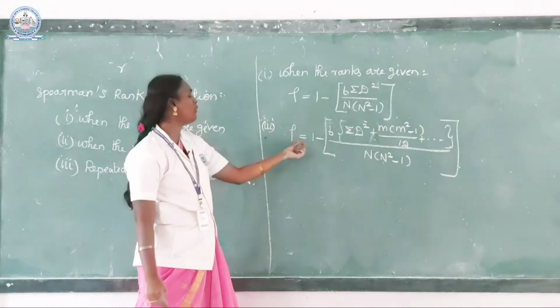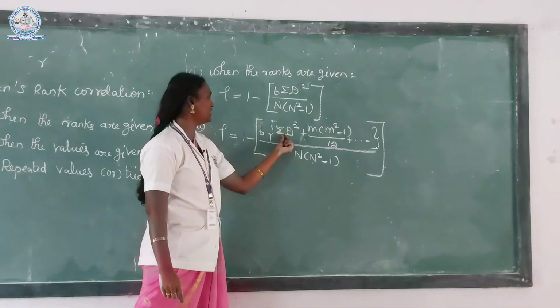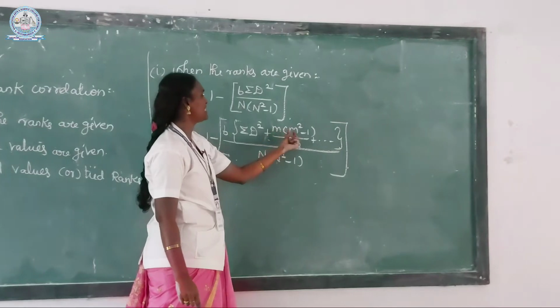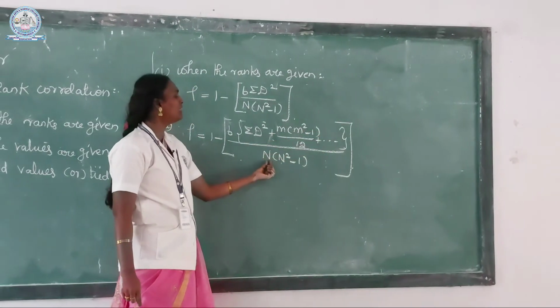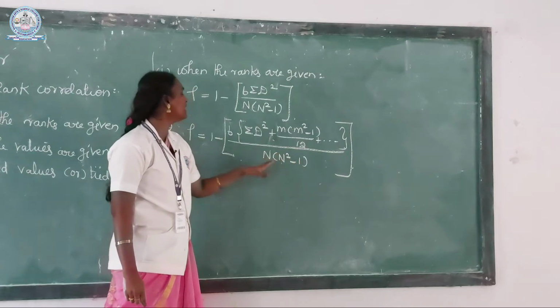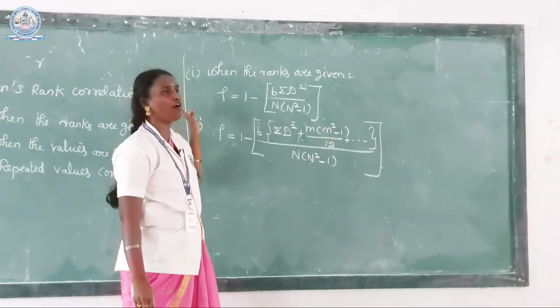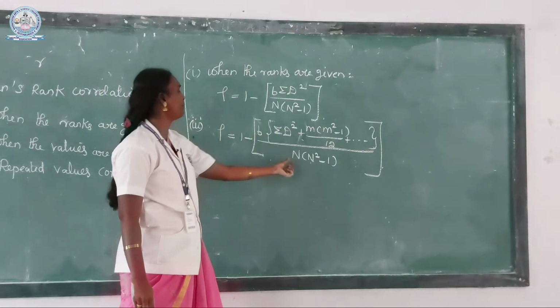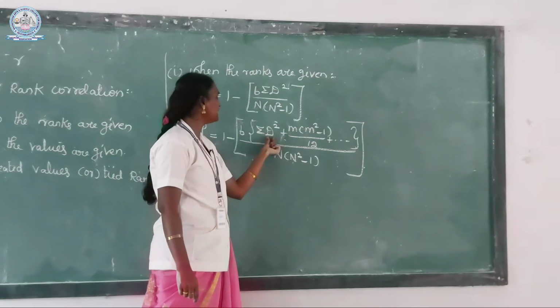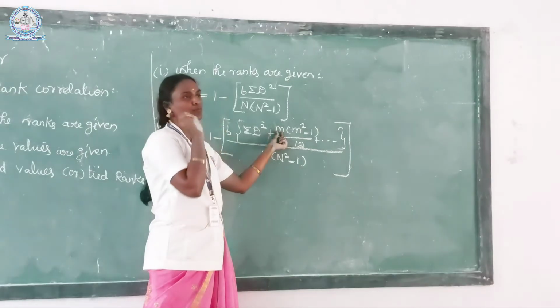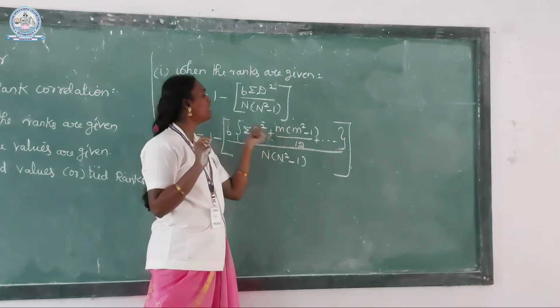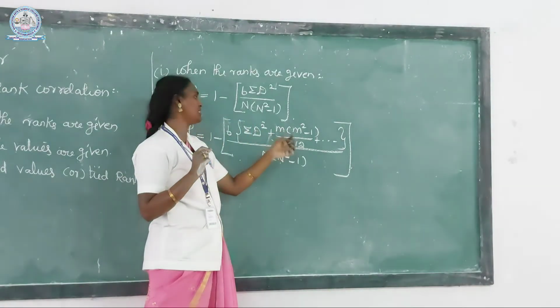So what is the formula? 1 minus 6 into summation d square plus m into m square minus 1 divided by 12 plus etc., then divided by n into n square minus 1. Here n is, as usual for all correlation, the number of observations, and d is the difference between the two ranks. m is the number of times the values, that is the ranks, are repeated.